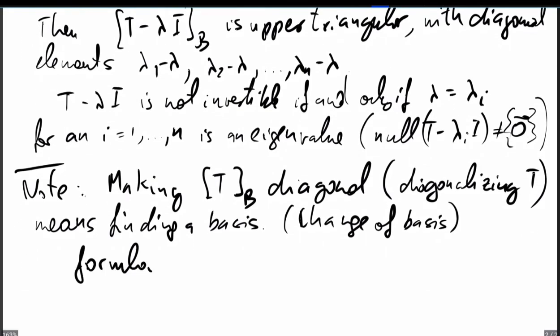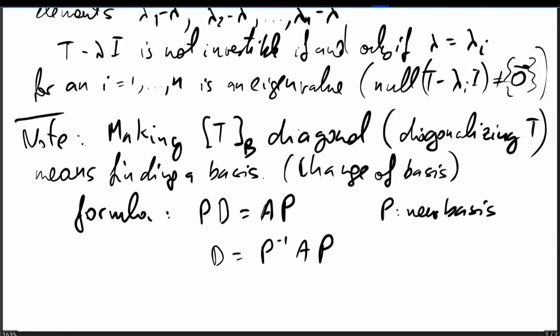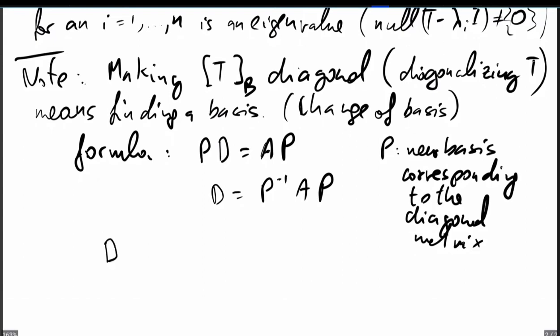So that was when we have a P matrix such that PD equals AP for a general matrix A, that means also that D equals P inverse AP. Here P is supposed to be the new basis, but since the new basis corresponds to the diagonal matrix, that means that D is really the T matrix representation in this P basis.